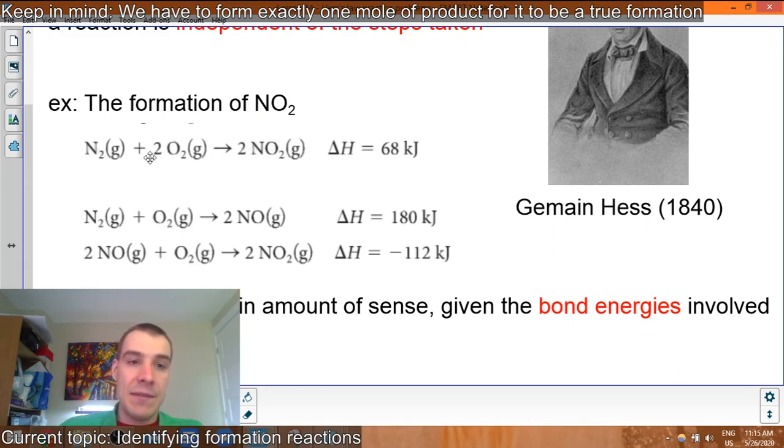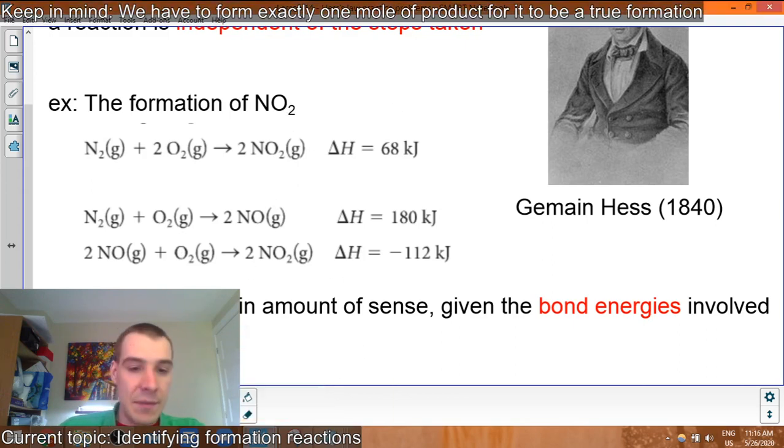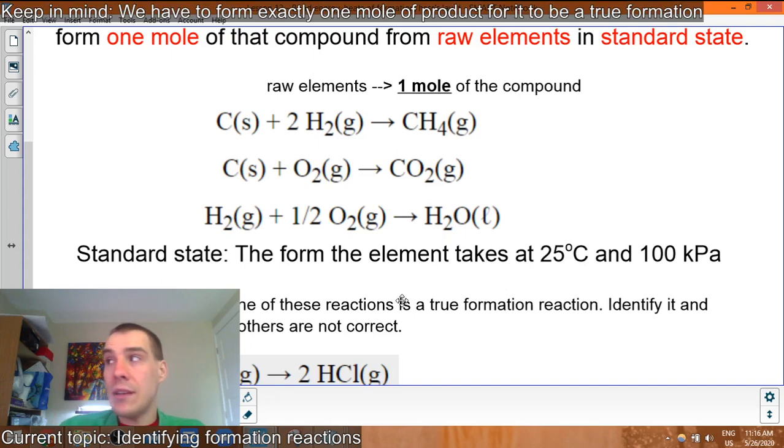It would be half of an N2 and 1 O2 making 1 NO2. And here, half an N2 and half an O2 making 1 NO would be the heat of formation of NO. So we've seen something like it before, and it's very useful to use Hess's law to determine heats of formation, and then we can use our heats of formation to solve other problems.